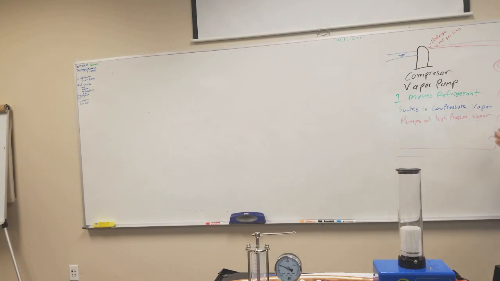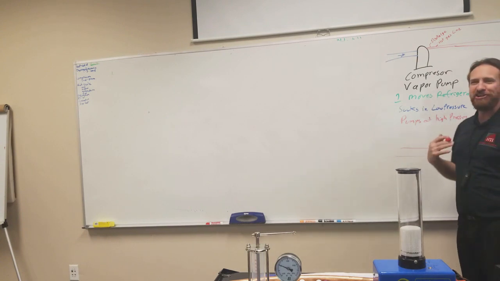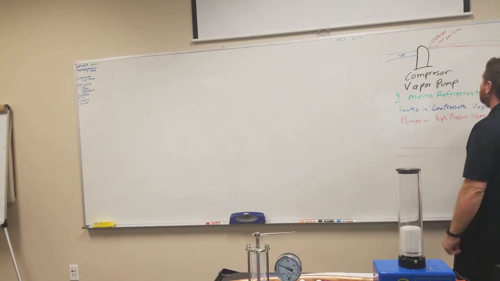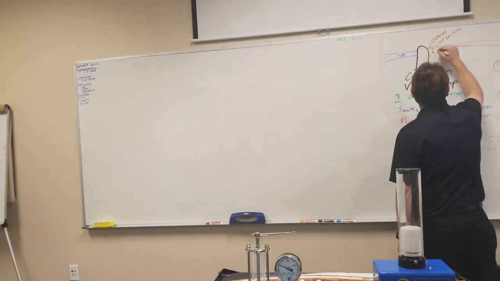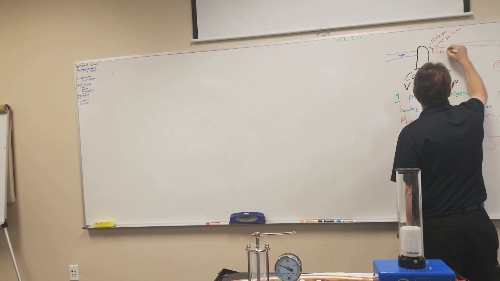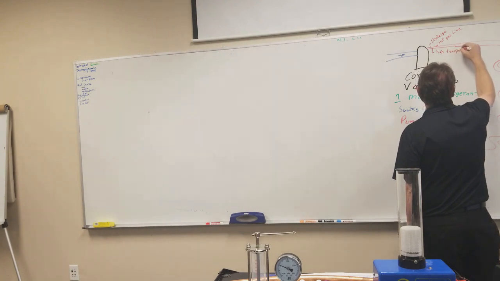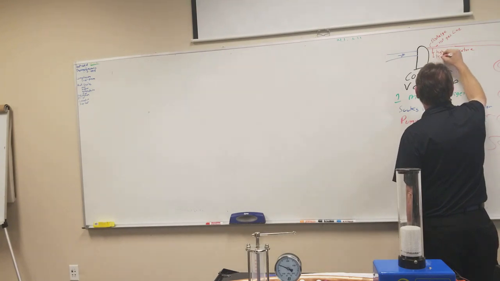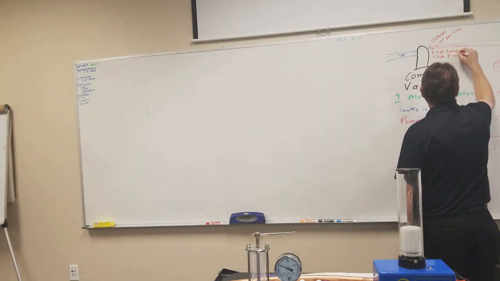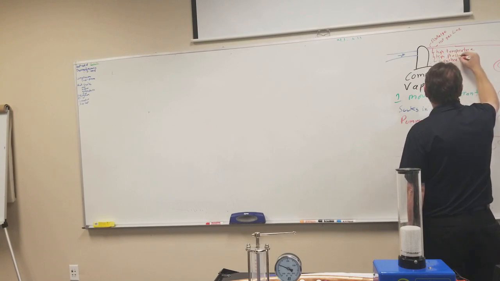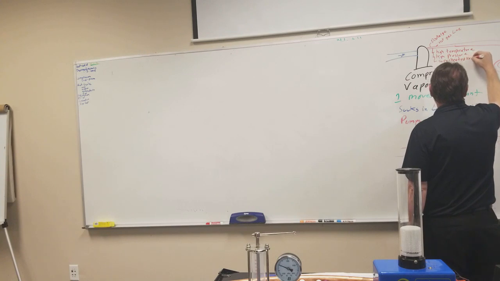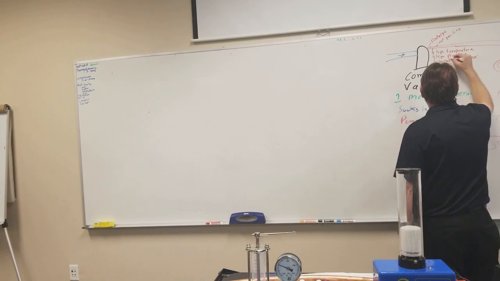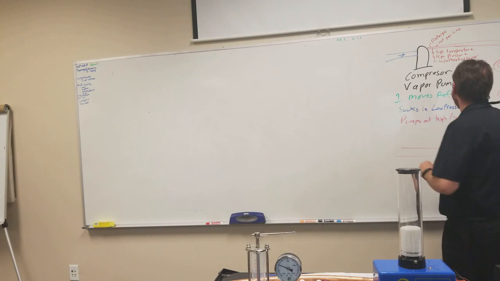It's a short line. The state of refrigerant that's inside of that line is a high temperature, high pressure, superheated vapor. We're going to talk about what superheat means later.